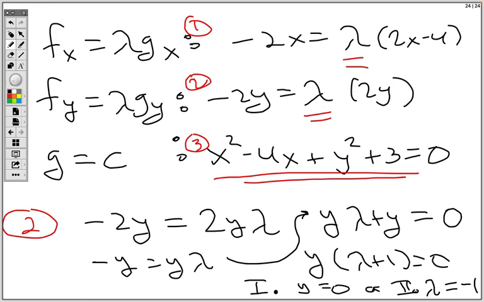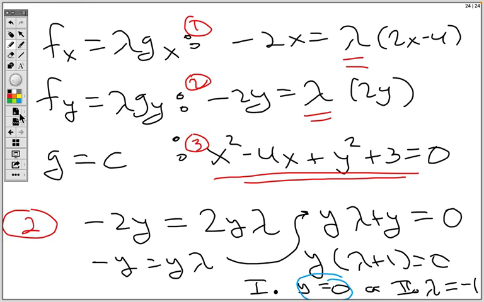Now the key to these types of systems, I think, is just keeping yourself organized. One thing I want to point out: it might have been tempting to divide by 2y, but when you divide by a variable, you need to make sure that the variable can't be 0. So if we were to divide by 2y here to get lambda is -1, you'd have to have the case y equals 0 anyway. You follow?